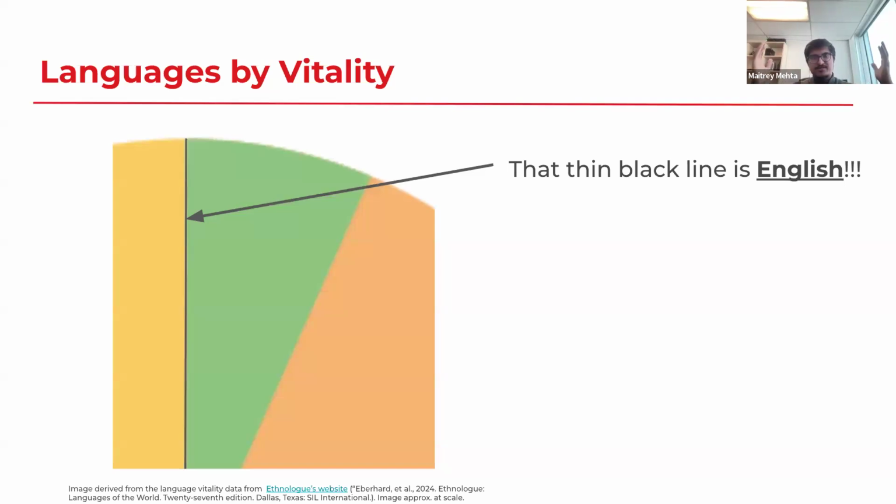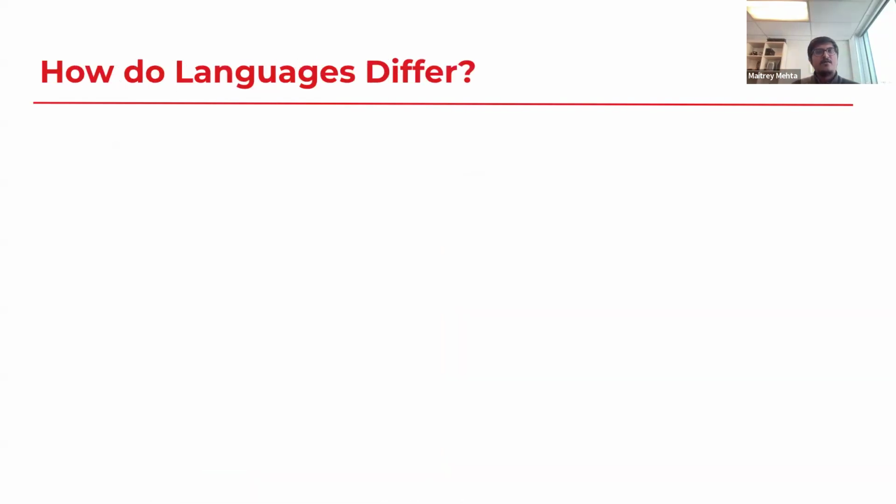So we have these 7,000 languages in the world, but we don't really have a lot of technological capabilities that work outside of English, or even apart from a few languages, they don't really work outside them. So what makes building technology and building LLMs for these languages so painful, right?